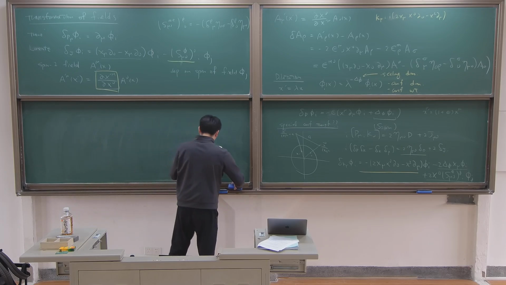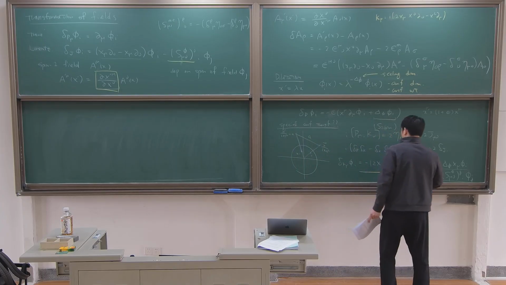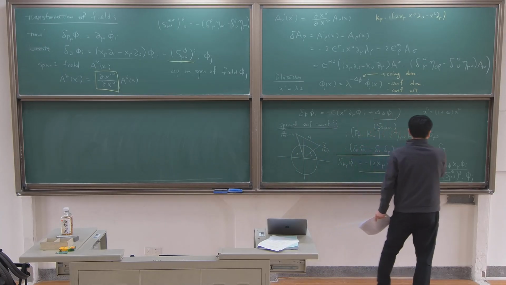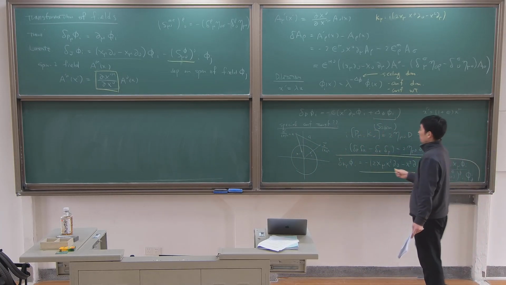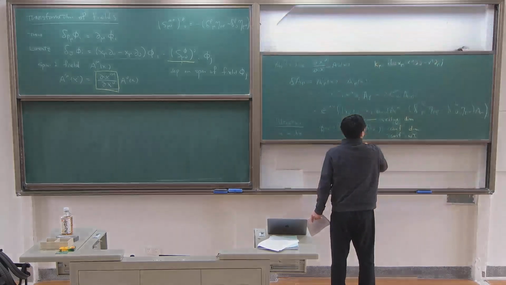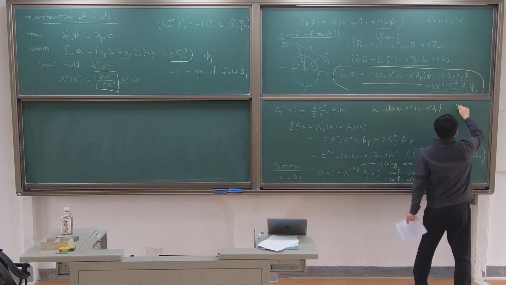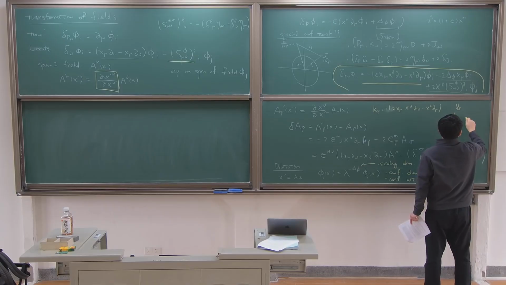Okay, so that's that. And if this transformation is satisfied, then phi I is a primary field.